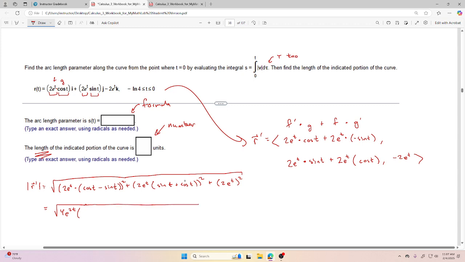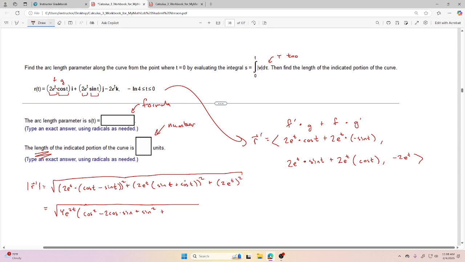Now for the craziness. So I need to FOIL this guy out. And so if you look at it, we're going to get a cosine squared minus 2 cosine times sine, and then plus sine squared. I always get a plus at the end because 2 negatives will make a positive. Get rid of that parentheses because we got others to do.